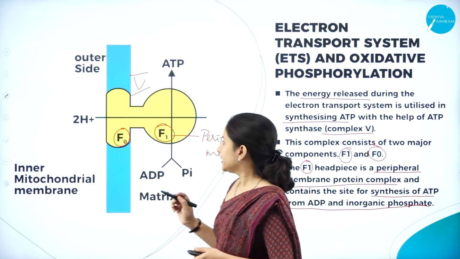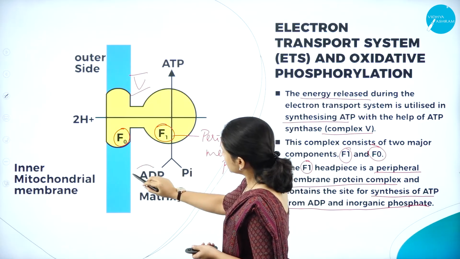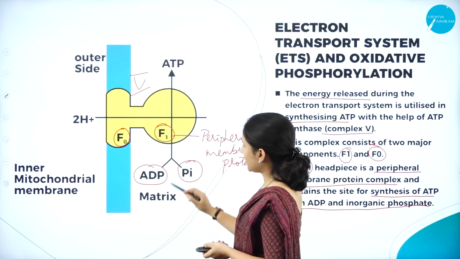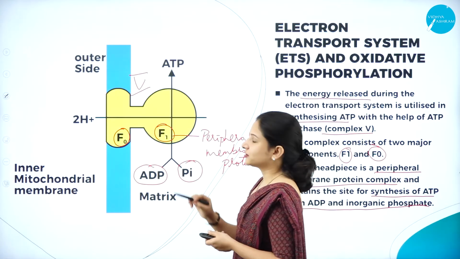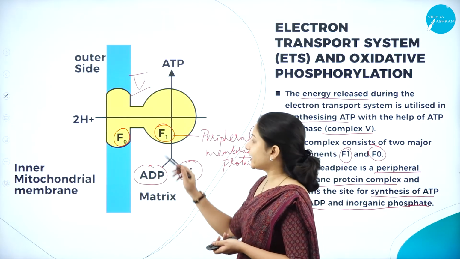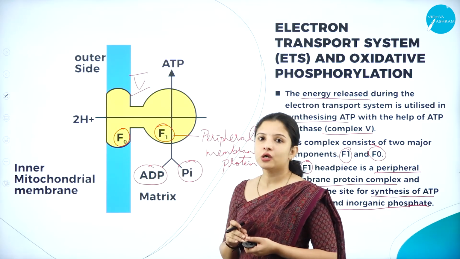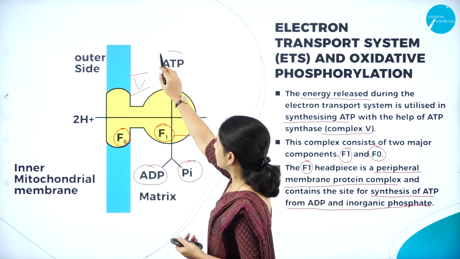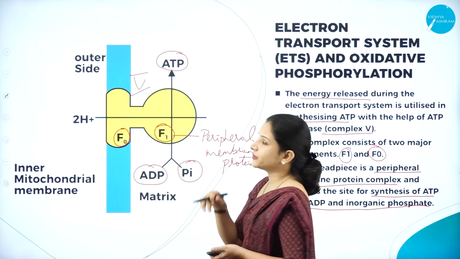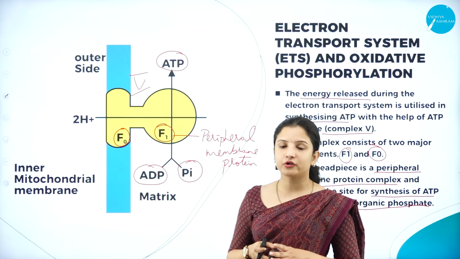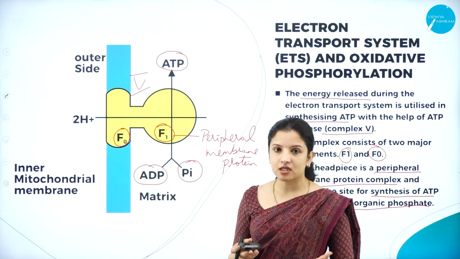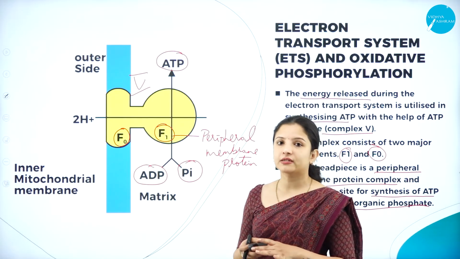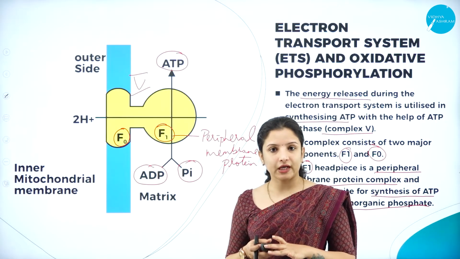To the ADP, adenosine diphosphate, a phosphate group will be added in the presence of the ATP synthase enzyme synthesized by the F1 complex, and therefore it will get converted into ATP. 3 molecules of ATP will be produced if NADH is taking part in the electron transport system. On the other hand, if FADH is taking part, 2 molecules of ATP will be produced.